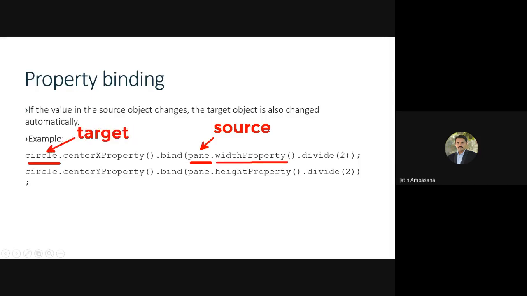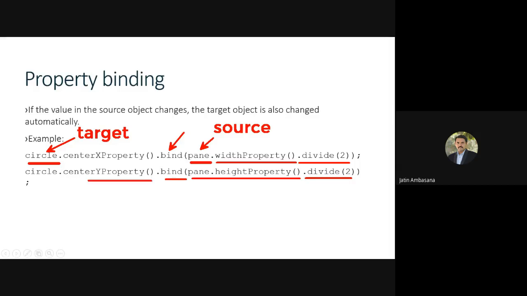So if you change the width property, how do you change? You access that width property and then you divide it by 2. So you are changing the width property, which you are binding with the center x property. What happens is this center x also gets divided by 2. When you have the height property of the pane, you divide it by 2.